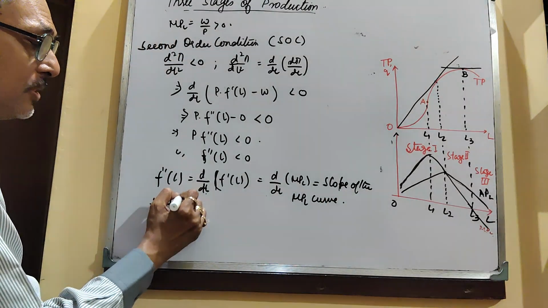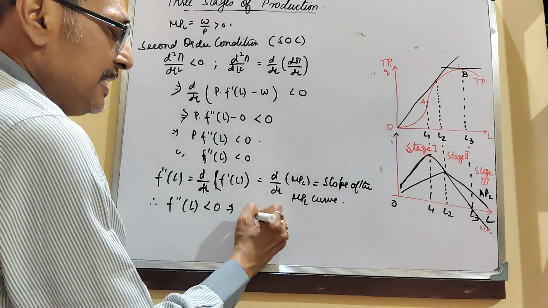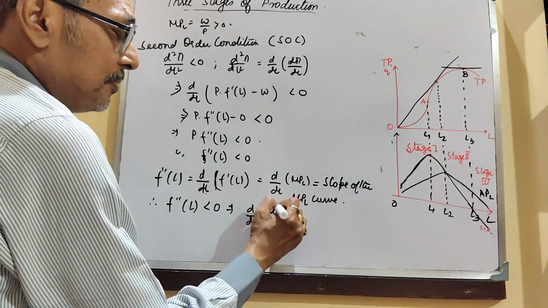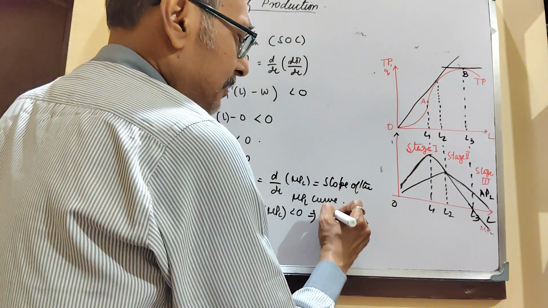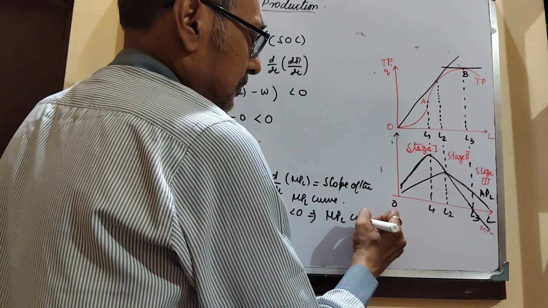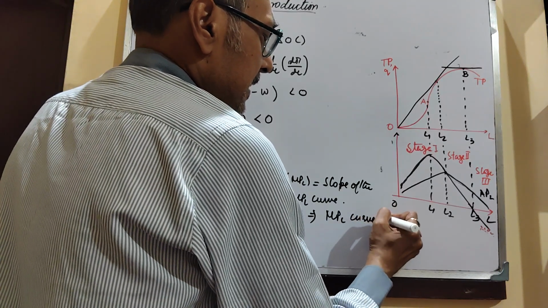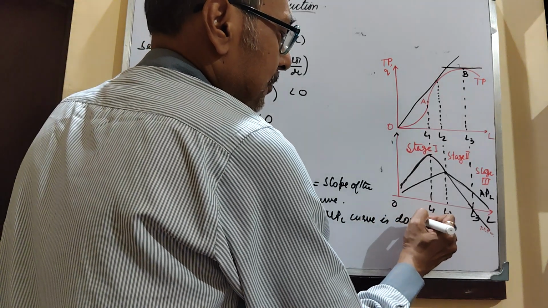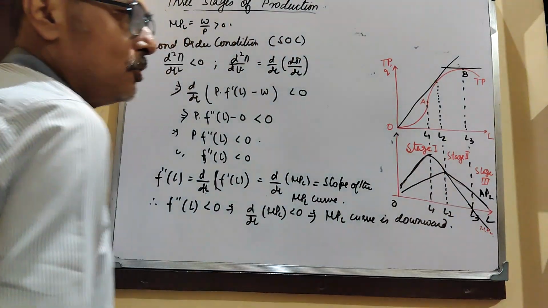Now, SOC requires f double prime l negative, that is d dl of MPL less than 0. That is, the MPL curve is downward sloping.